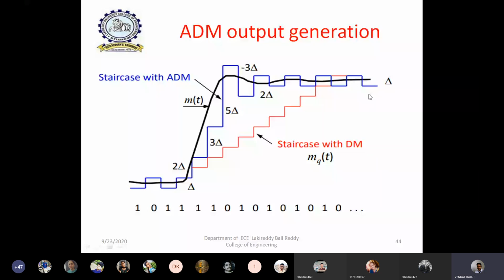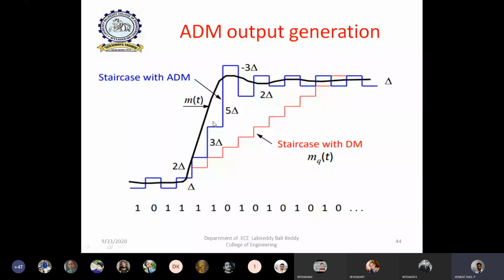In order to reduce these two errors in delta modulation, the solution is that we need to increase the step size whenever the input signal rises, and reduce the step size whenever the input signal has low variation. If you observe the blue line, it is clear that the step size is changing, increasing here and decreasing here.